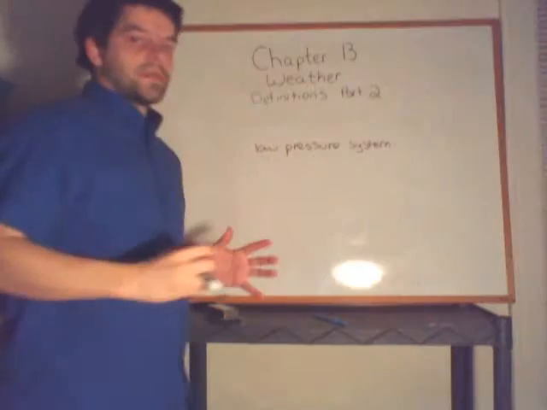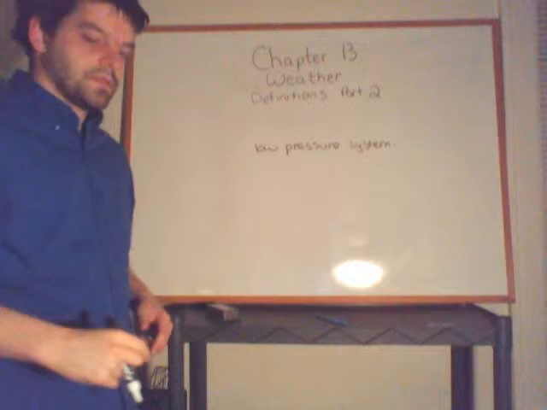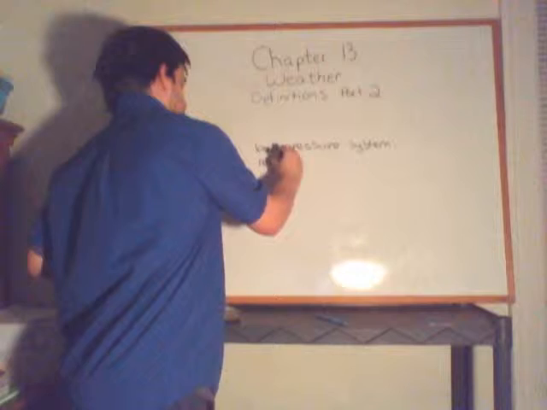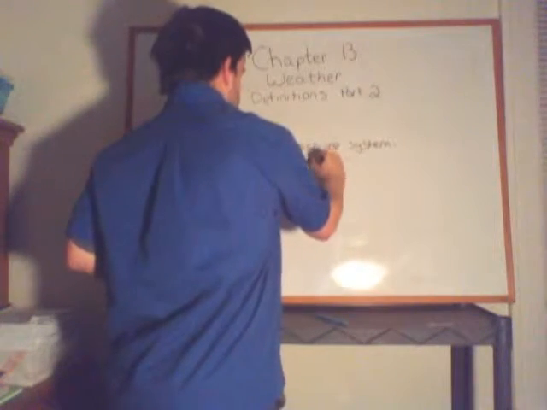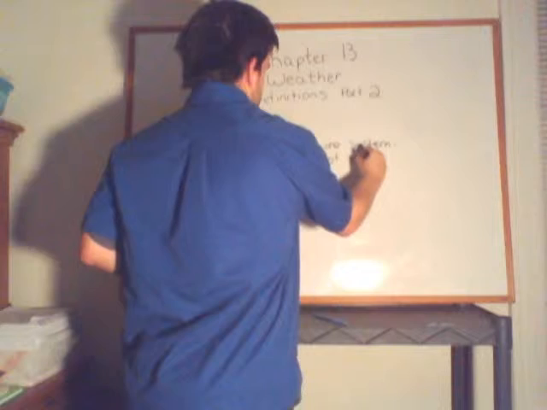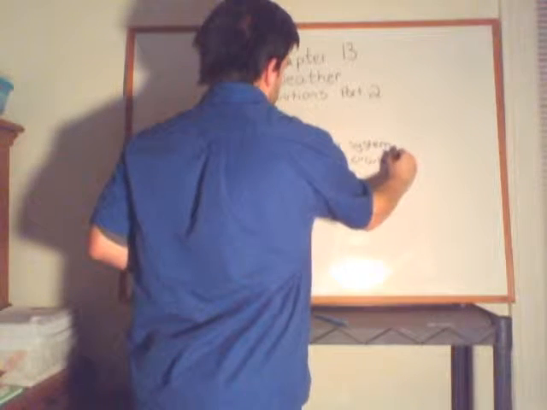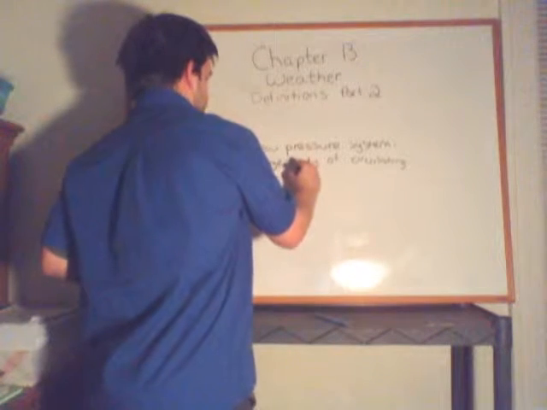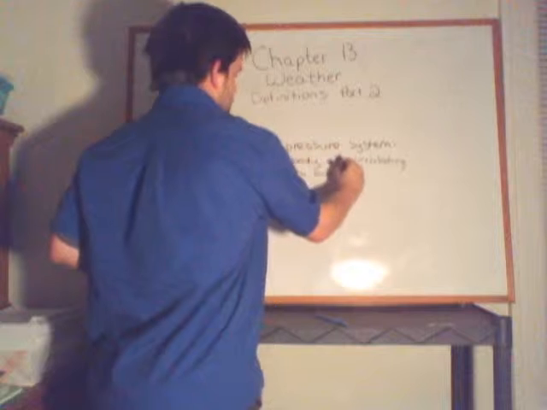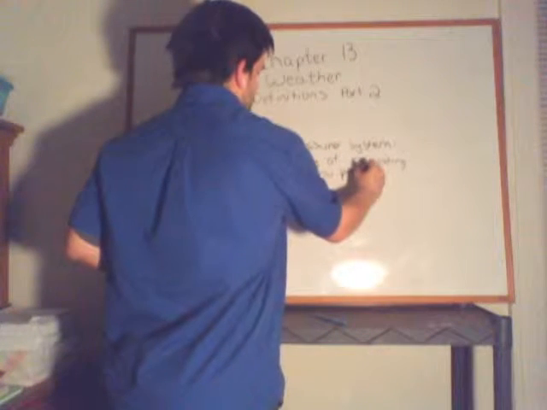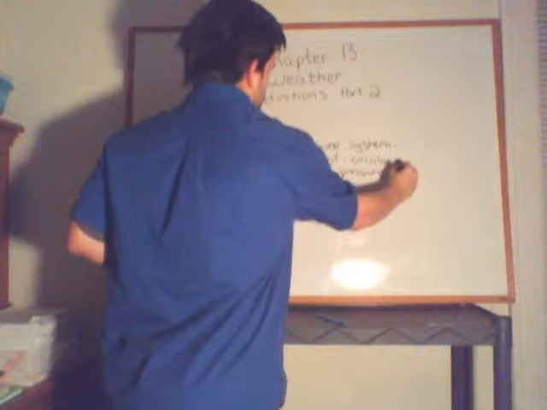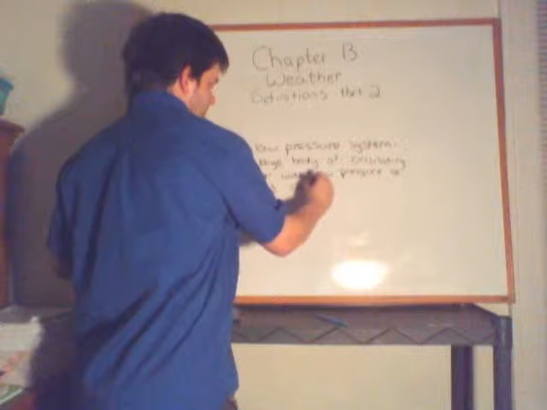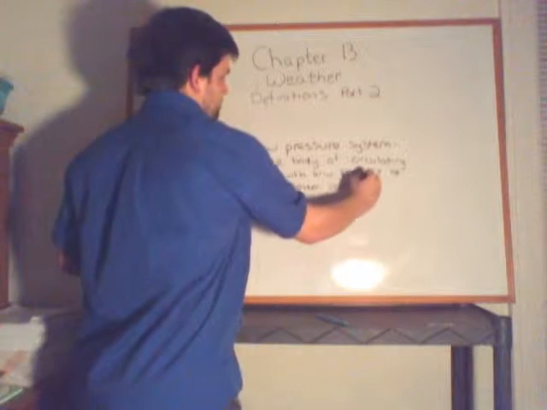So it's almost like a high pressure system, but things are flip-flopped. So it's a large body of circulating air with low pressure at its center and high pressure on the outside of the system.